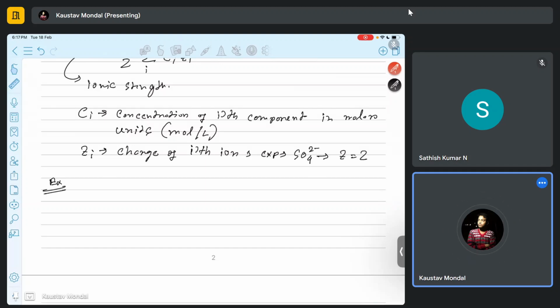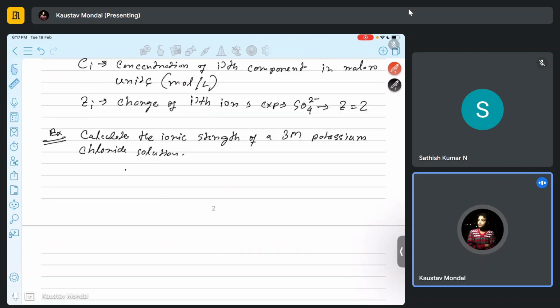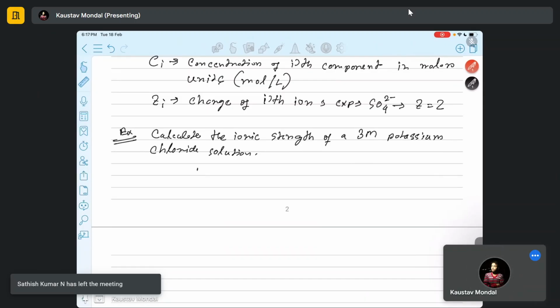So let's suppose we have to calculate the ionic strength of a potassium chloride solution, that means KCl solution. We have to calculate the ionic strength of a 3 M potassium chloride solution. Okay.